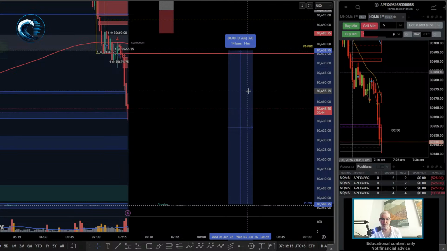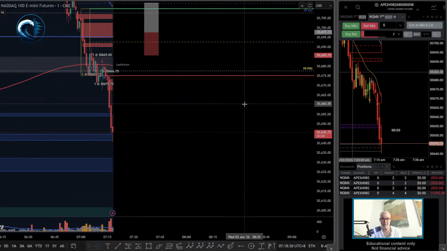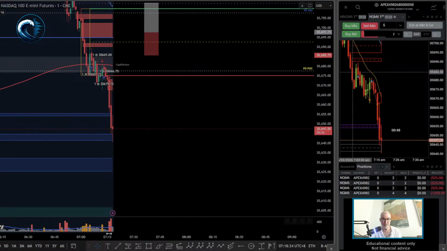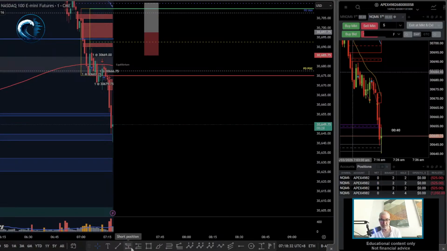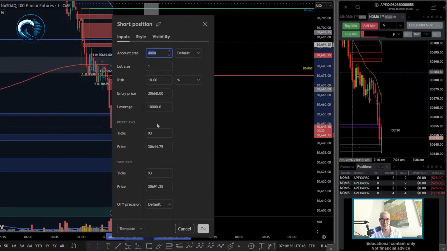That's 80 points. So hopefully we'll get an opportunity up here, which is probably my next trade and probably my last trade. I don't want to have any more than 3 losses. So I will probably look at something like this.